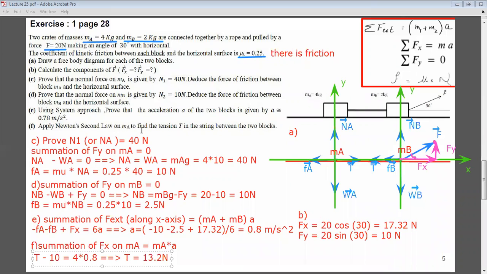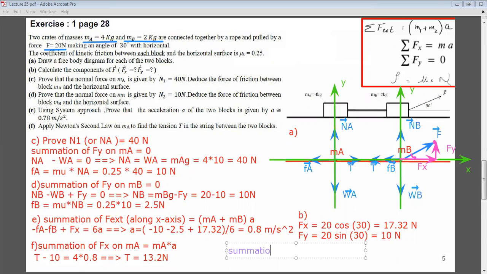But the question is asking to apply it on MA. Let me do it here in another color, in blue. Let's apply it on the second object, just to show you that you can use the summation of Fx on MA or the summation of Fx on MB, and you should get the same answer.